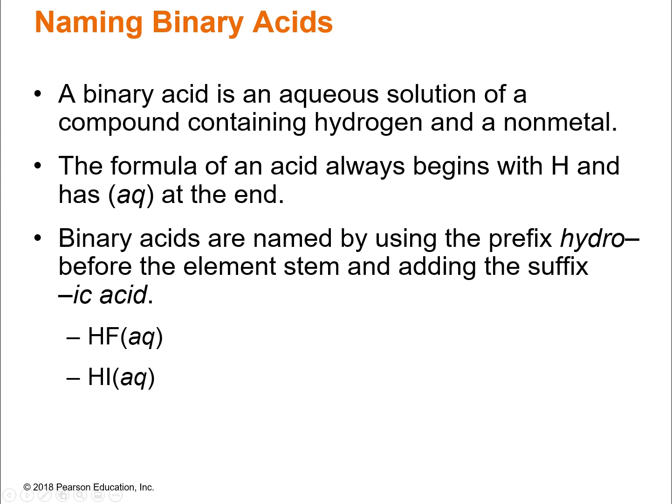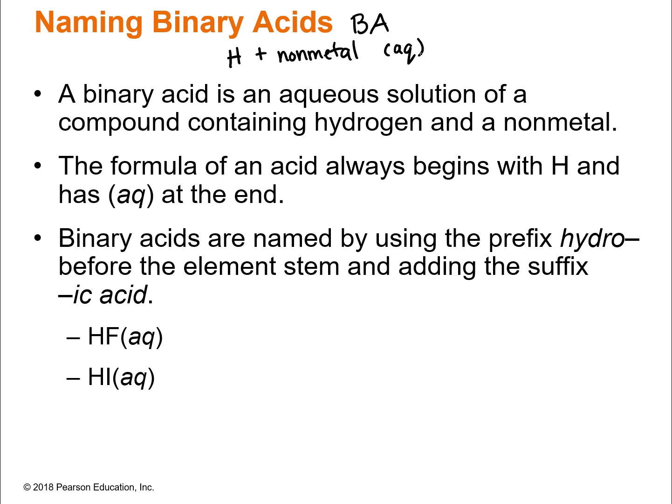Binary molecular compounds are pretty easy. So we're just going to move through and do the acids and a few examples of those. Then we'll do examples of everything. Binary acids. Remember, that's Ba. It's a hydrogen plus a nonmetal. And it's aqueous. We're talking about aqueous solutions. That just means in water.